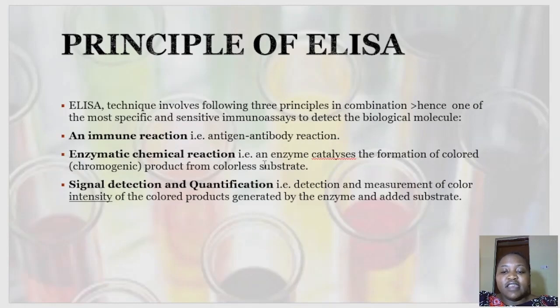So that enzyme catalyzes now a substrate which is usually colorless to give us a chromogenic product or a colored product. Then we have quantification and signal detection, which is now the measurement of the color intensity, which is synonymous to how much of the antibody or antigen that was your analyte of choice.